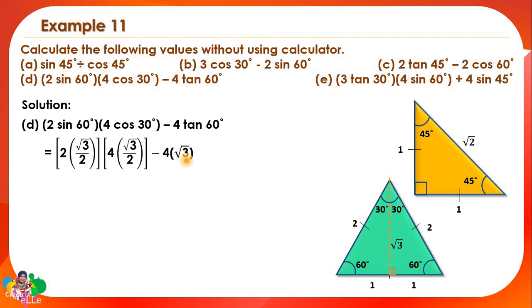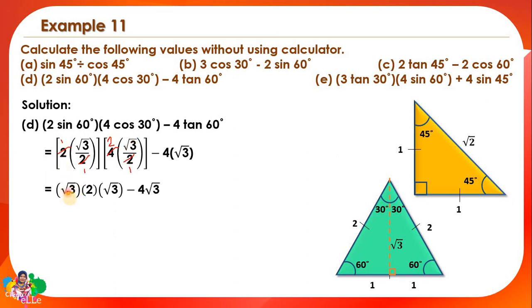Okay, then you solve this one. Can you solve this one? This one, 2 and 2, you can simplify. 4 and 2, you can simplify. 4 divided by 2, 2 divided by 2, 1. Okay, so square root 3 times 2 times square root 3.